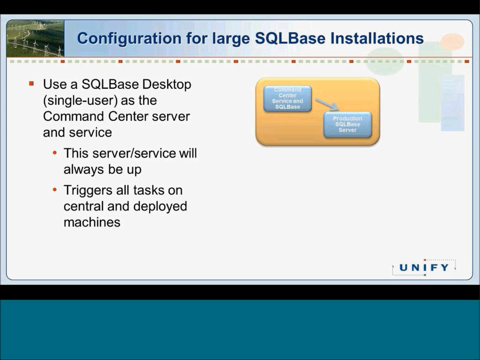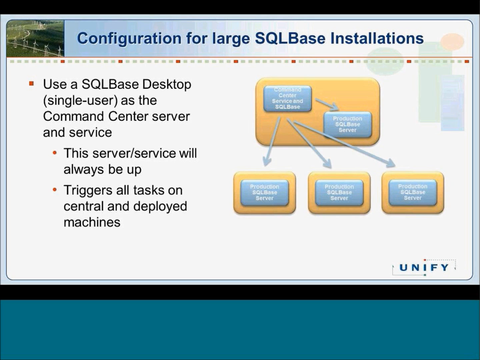And this one can then bring down the production SQLBase server if you want, and do the file system backups that you want to do, for example. And then it can also access other production SQLBase machines that need to be backed up, have updated statistics, or whatever other admin tasks you want to have.